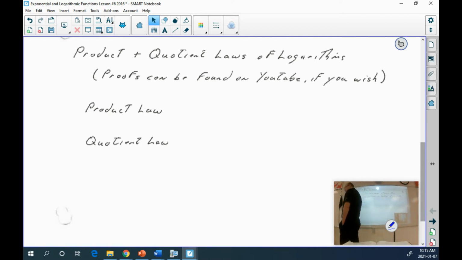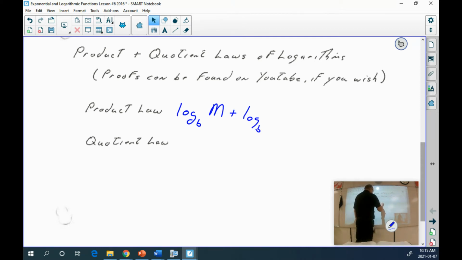This leads us to the product laws and the quotient laws. I'll put a video on the classroom that you can watch for the proofs of these. But the product law is log base anything of a number plus log, same base, of another number.